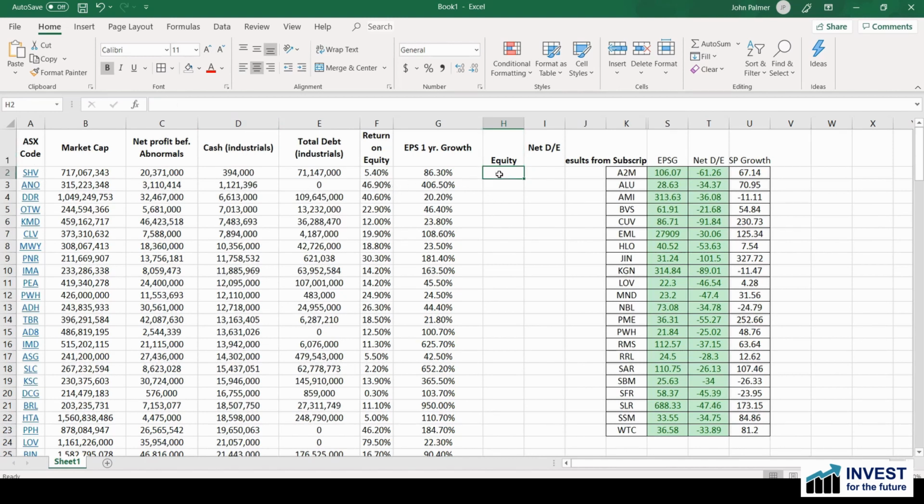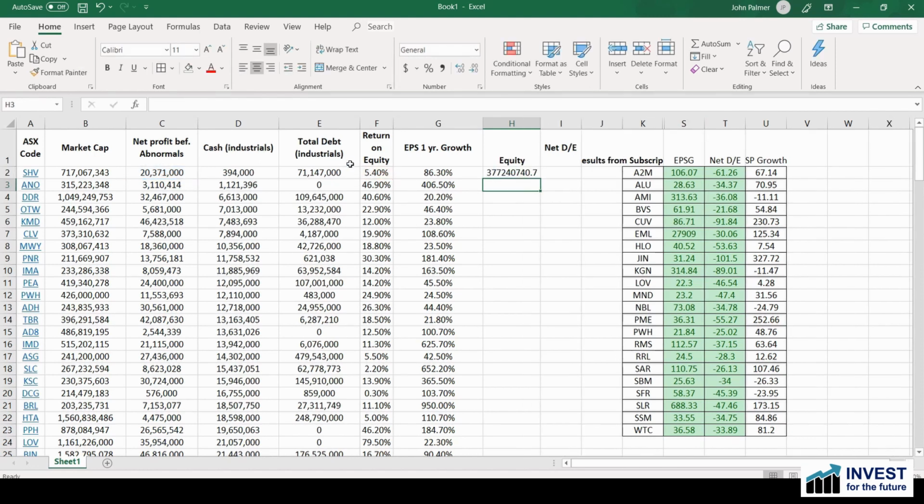So we need a formula, so we enter equals, click on C2, which will be the net profit before abnormals, and then divide by F2, enter, and we now have the equity for Select Harvest.